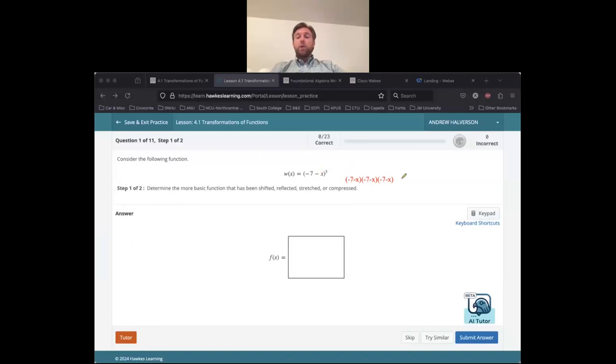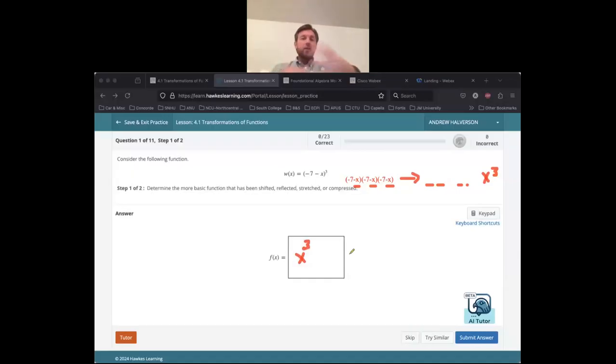If you were to do FOIL to this whole thing, you would get something, something, something, but at the very end of it, you would get x cubed. Why? Because you have x times x times x, which is x cubed. So the basic function is f of x equals x to the third.